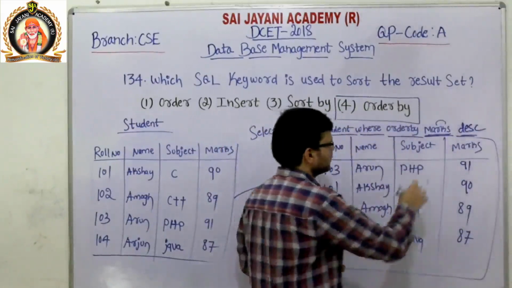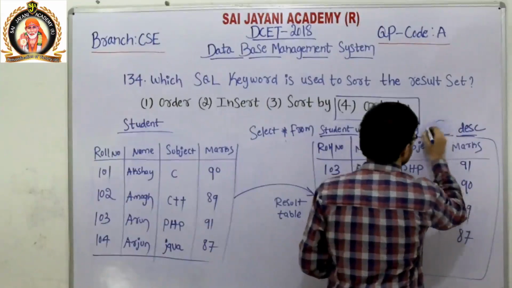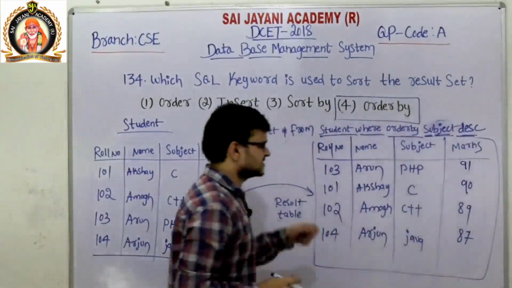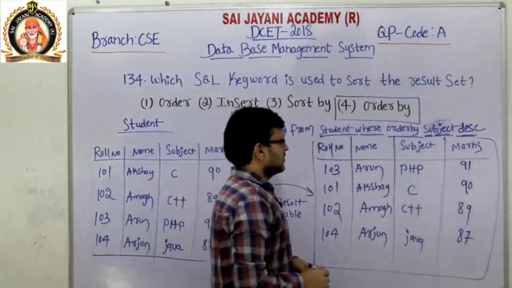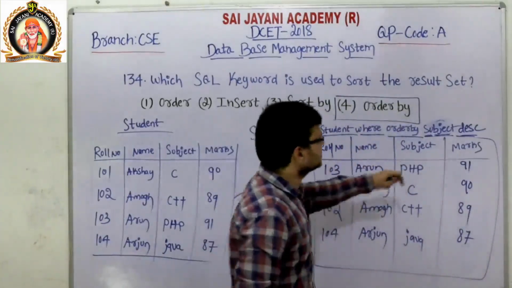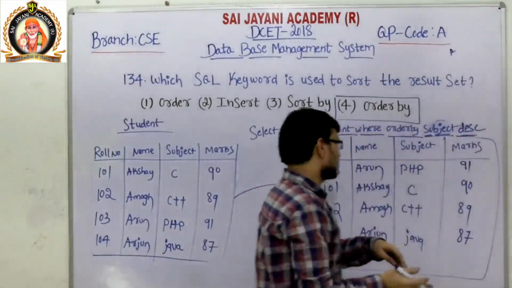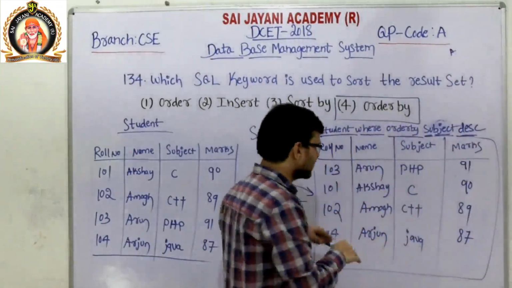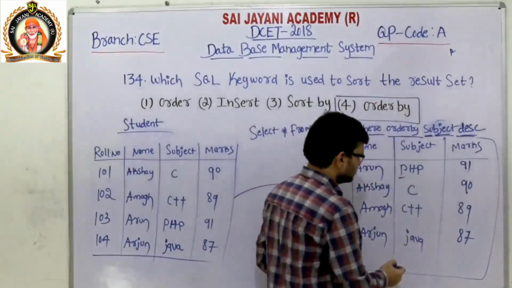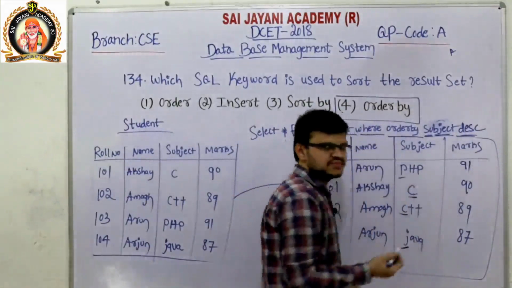Similarly, if you take subject in descending order, first what comes is PHP only, because in alphabetical order the last letter is Z. Then after that comes Java, and after that C, and then C++.